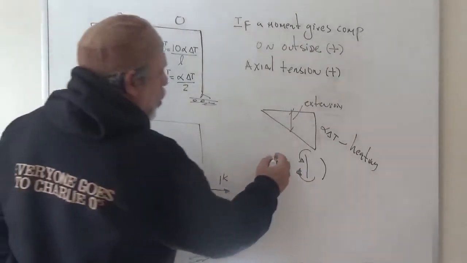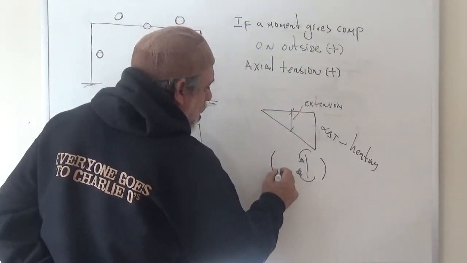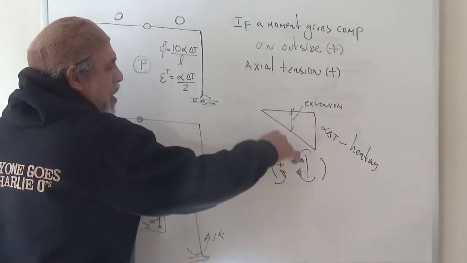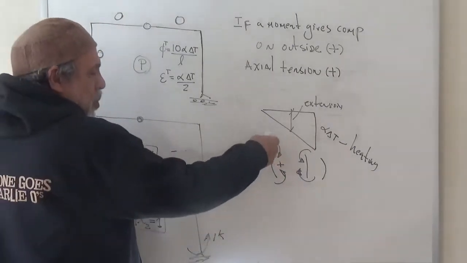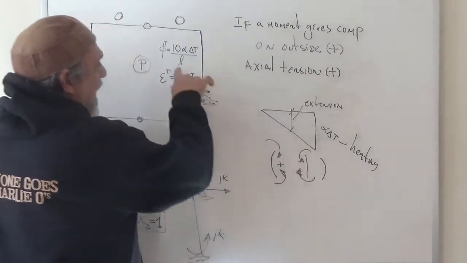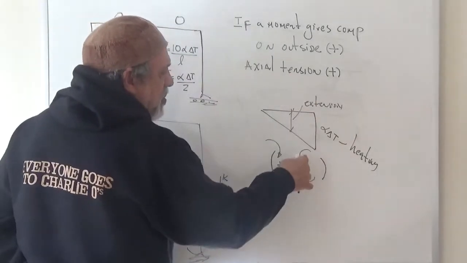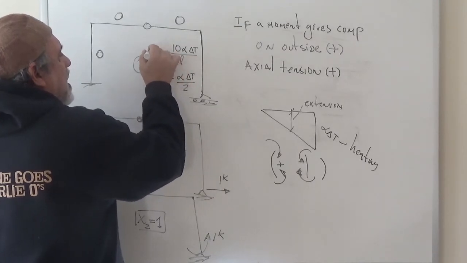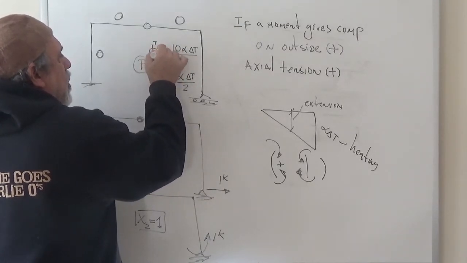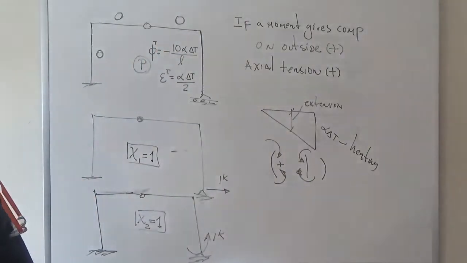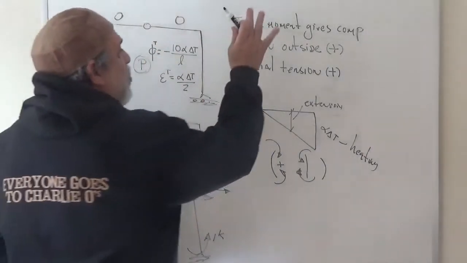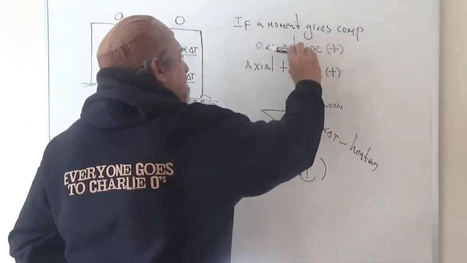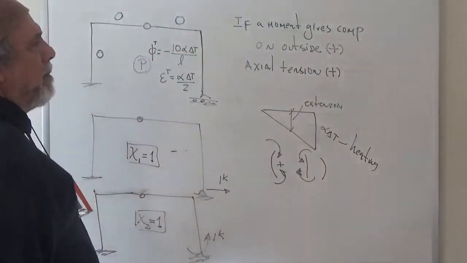Because I said I'm going to continue, in the column that was vertical, to use moments like that to be positive, to produce compression on the outside or shortening of the fibers. What I have here is lengthening of the fibers on the outside. So according to that convention, and you could certainly have flipped it, this is going to be a negative. So I have negative curvature and positive axial strain, again, based on that convention. If I wanted this to be a plus, I would just have to say moments on the inside are positive, right?